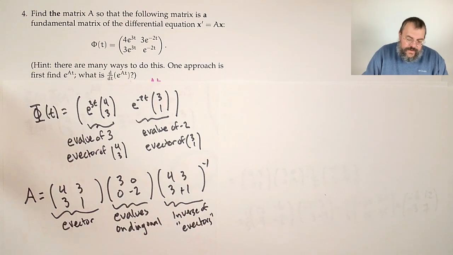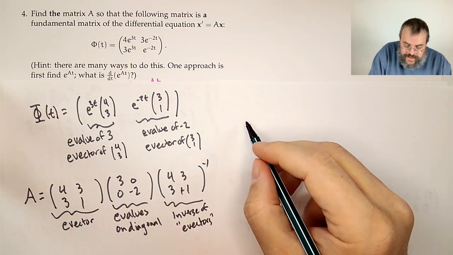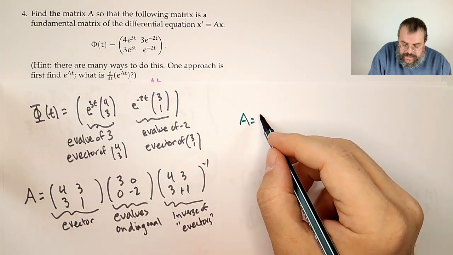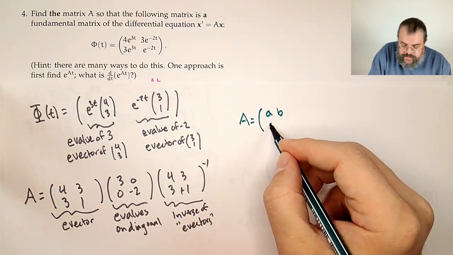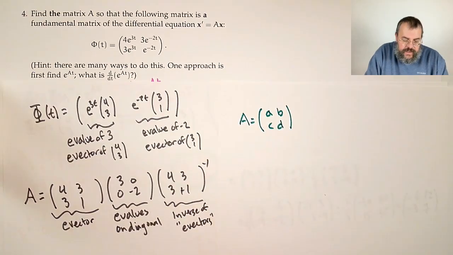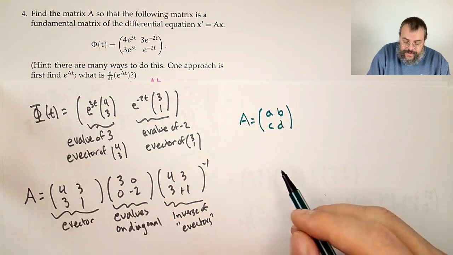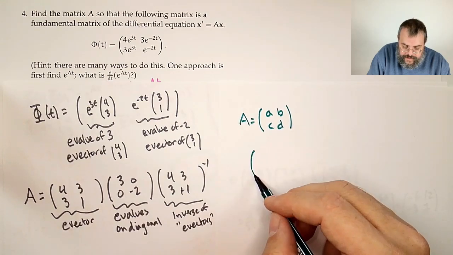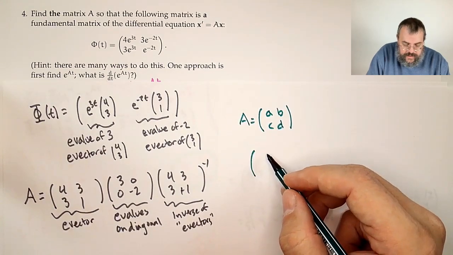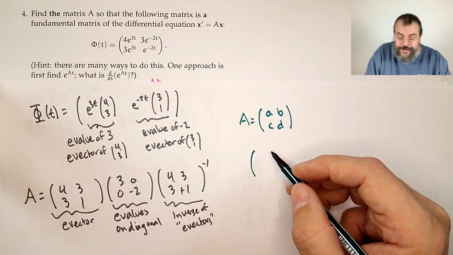And now we say, okay, we're after A. So let's just write A as [a, b; c, d]. And we've got eigenvectors and eigenvalues. So what does that mean? Well, the following should be true.